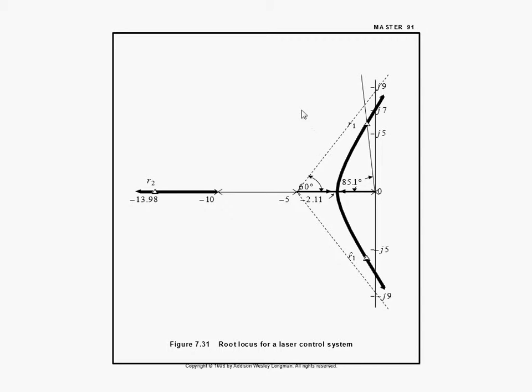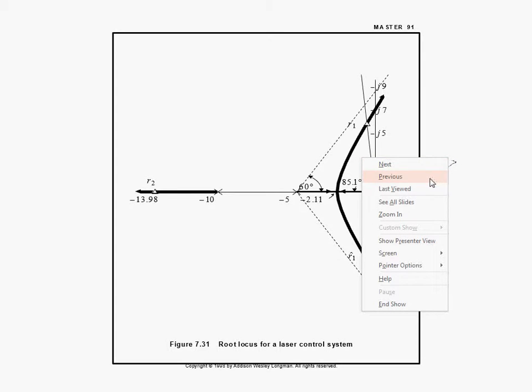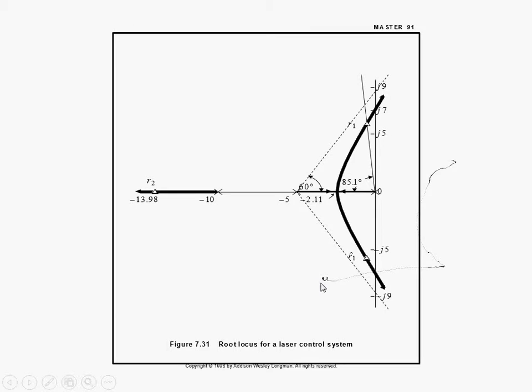What I think is important is that you could, let me see, pointer options. I want to change the color of the pen. Well, I may not be able to.